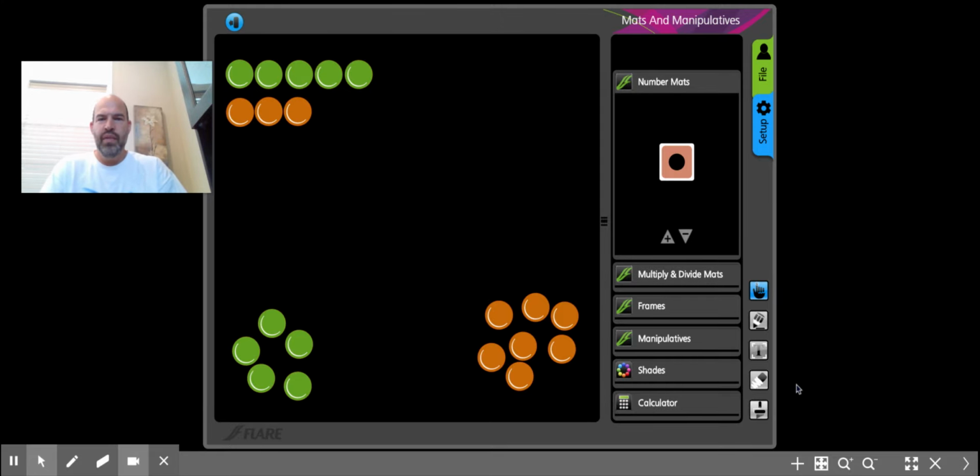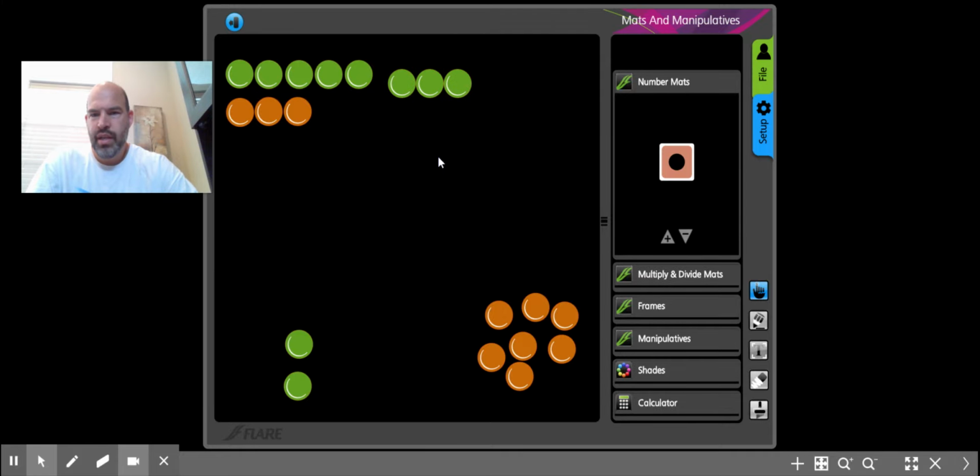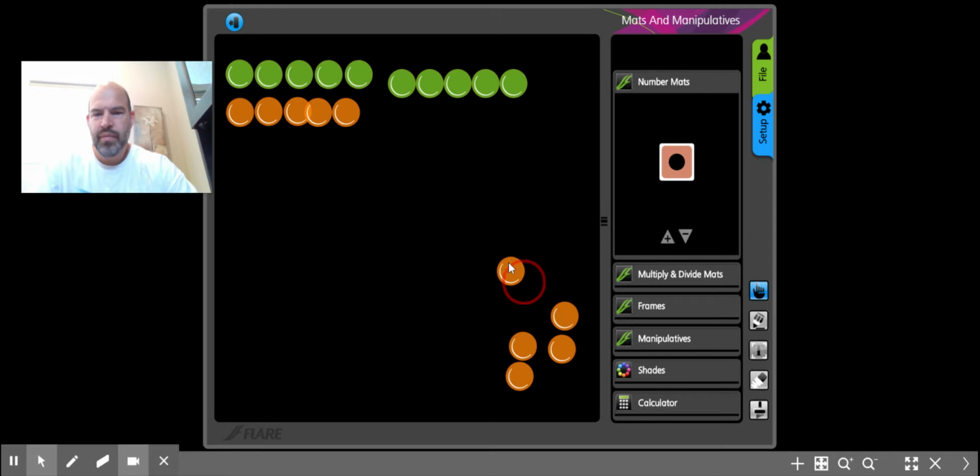Okay, so 5 take away 3 is the same as, let's see, what if we change this to 1 more, 2 more, 3, 4, 5. So if we add or subtract to one of the numbers, we have to do the same thing to the other one to get it to still be the same difference. All right.